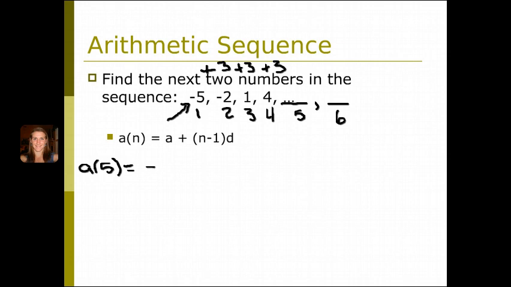So -5 goes in for a, plus the quantity, and I'm looking for the fifth term, so again I'm plugging in 5 minus 1 times, and I'm multiplying by 3, because as we said up top, our common difference was 3. When you plug that into your calculator, you get that a of 5 equals 7.